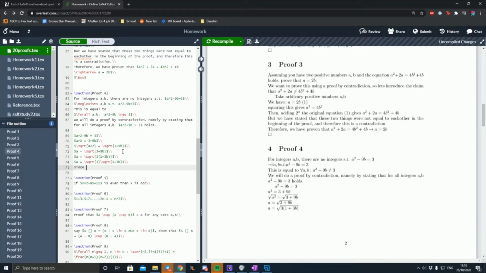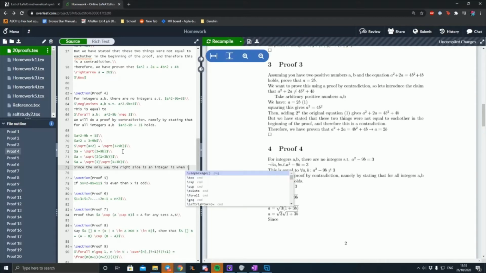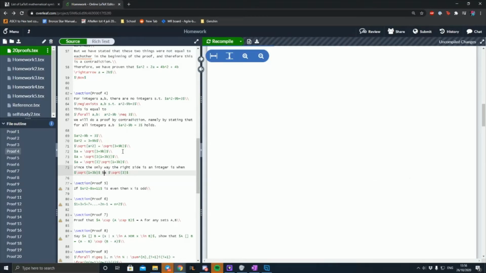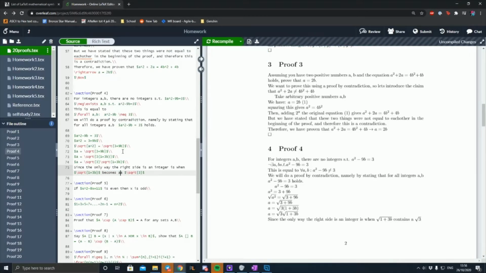Then we can say the only way the right side is an integer is when the square root of 1 plus 3b contains, or becomes, a multiple of the square root of 3.